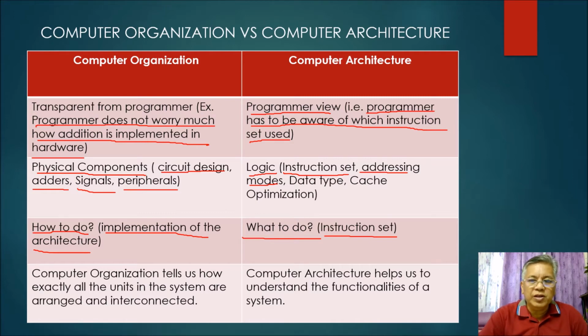Okay, for example, the instruction set is provided for your arithmetic logic unit. Then, the arithmetic logic unit, which is part of your central processing unit, which is under your computer organization, will implement what is being provided by your computer architecture.